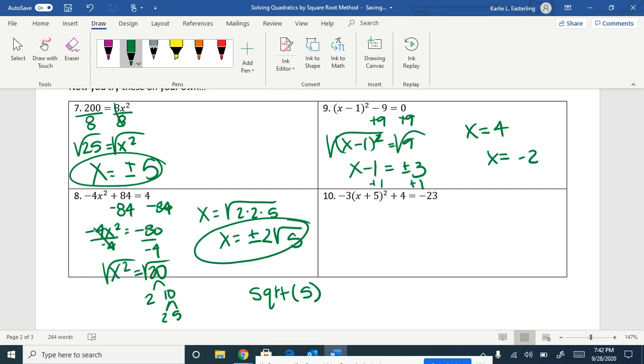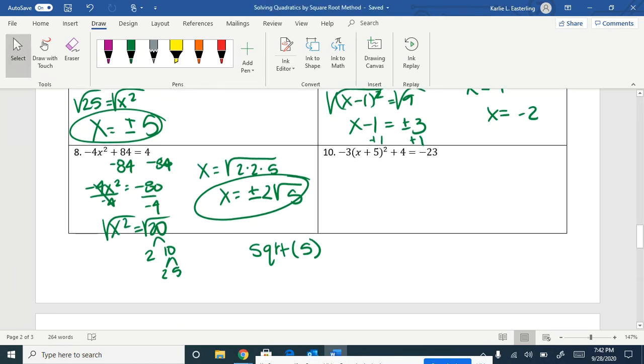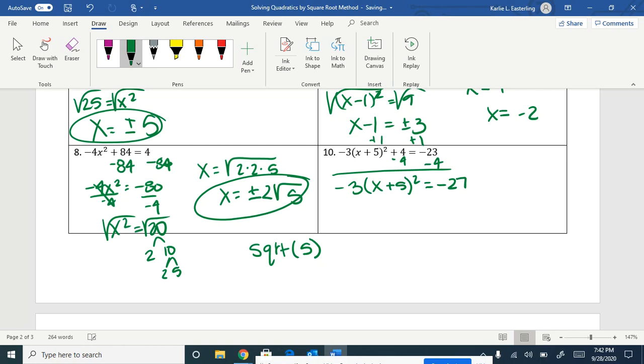All right, I actually think y'all can do number 10 completely fine as well on your own. I think it's some problems later that I'm going to have to help you out a little bit with. So you're going to subtract 4. You're going to have negative 3 times x plus 5 squared equals negative 27, divided by negative 3.